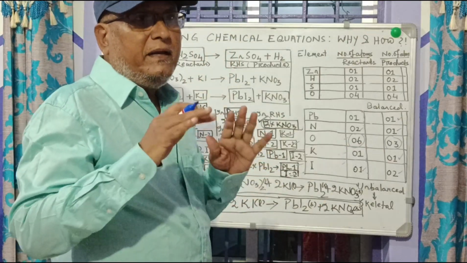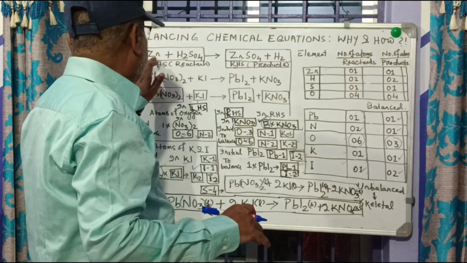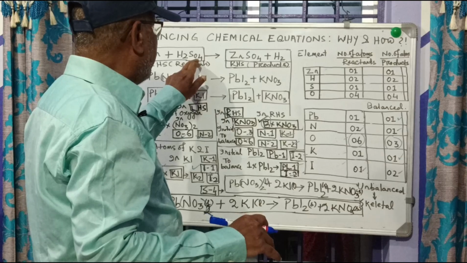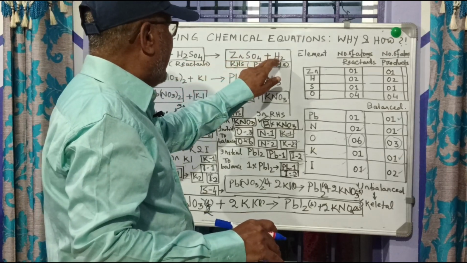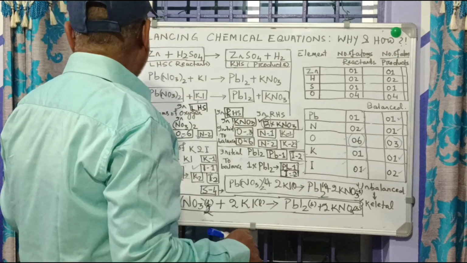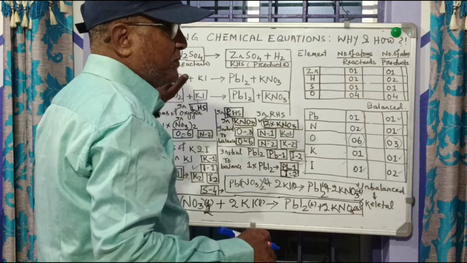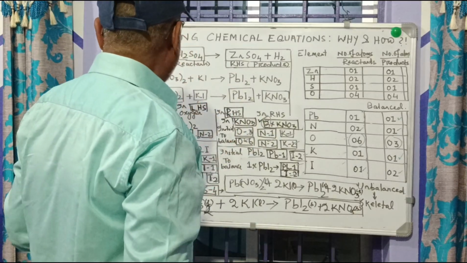A chemical equation. Now look at the first equation, that is zinc plus sulfuric acid gives zinc sulfate and hydrogen. That example we have taken from activity 1.3 of your NCERT textbook.